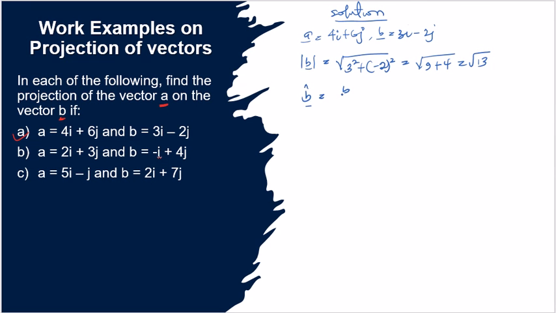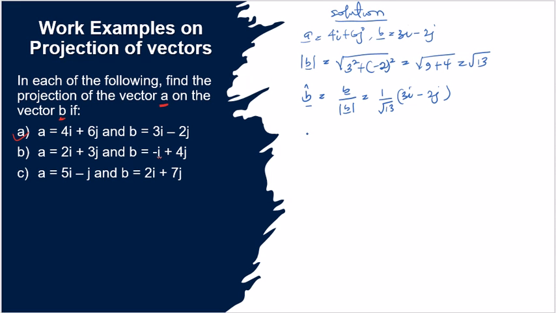That gives us vector B itself over its modulus, so we have 1 over root 13 into 3i minus 2j. The next thing is to obtain the projection.